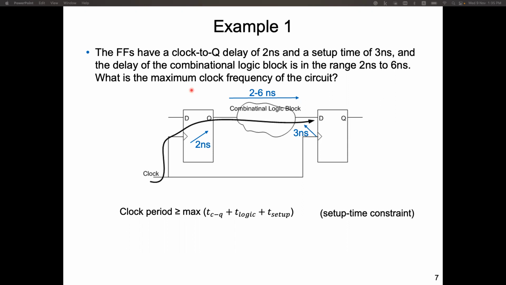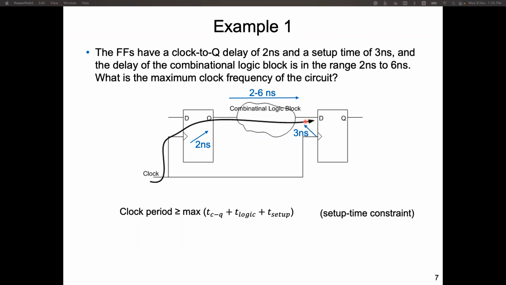Basically, the signal passes from D to Q, and this will involve a clock to Q delay of 2 nanoseconds. And then it will pass through this combinational logic block with a range of delay, and it arrives at the input of the next flip-flop.